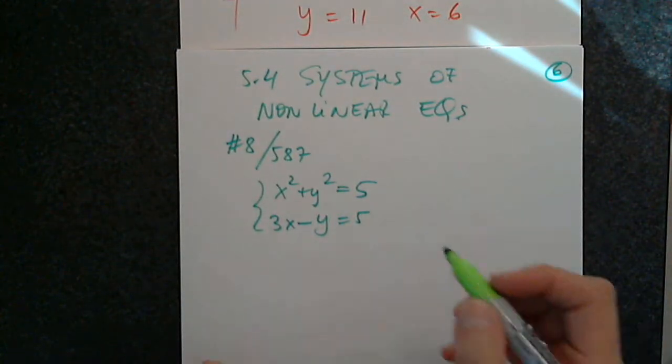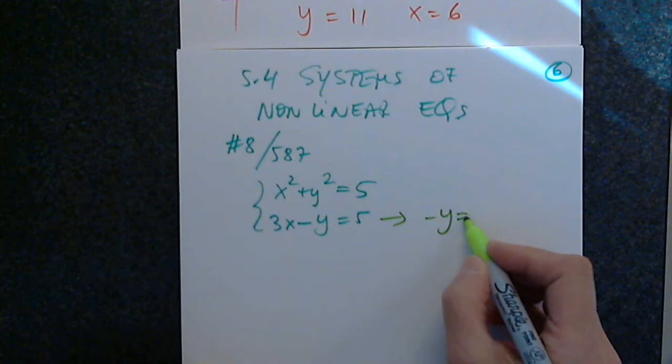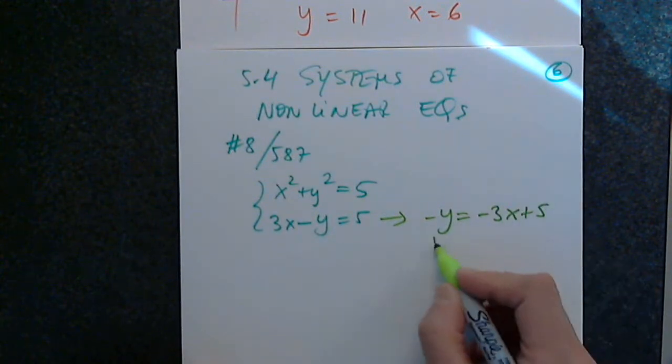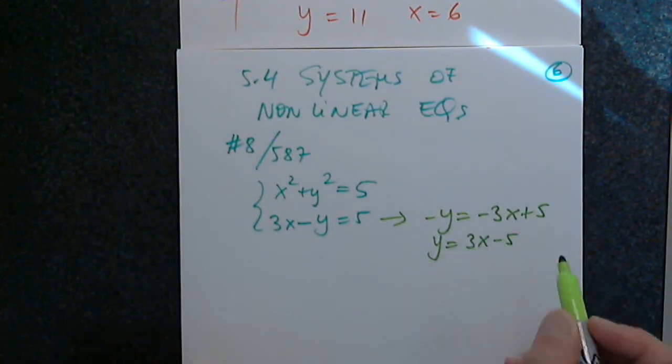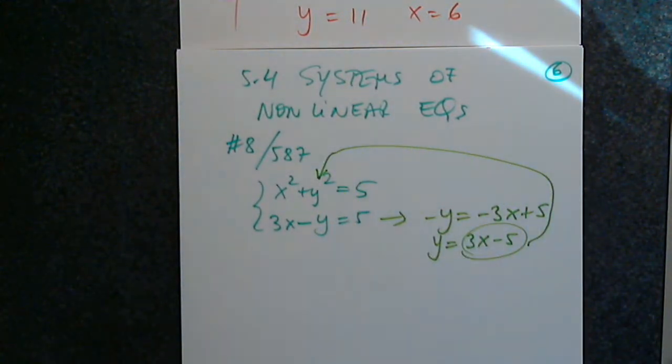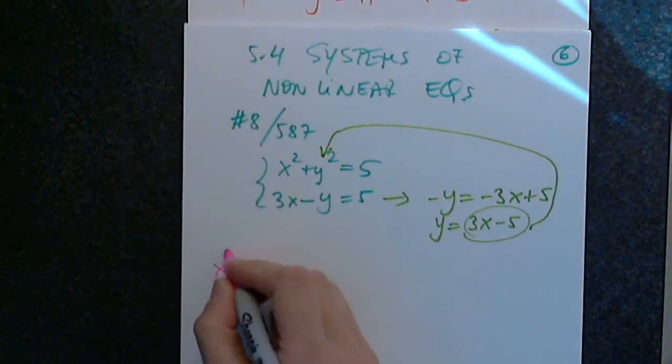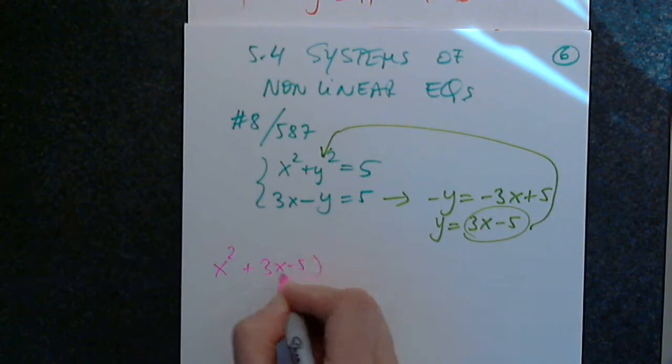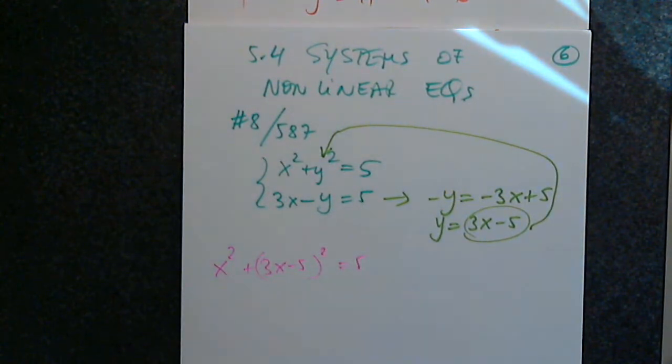Yes. So I will solve this one for y. So negative y equals negative 3x plus 5, or y equals 3x minus 5. And of course, I am going to replace y in the first equation and have to square it. Great job. x squared plus (3x minus 5) squared equals 5.